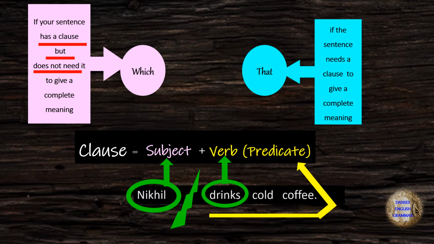In your sentence, if you do not need that clause, meaning if you remove that clause and the sentence still gives a complete meaning, you can use which. In a sentence, if you remove the clause and it will not give a complete meaning, in that case, you need to use that.